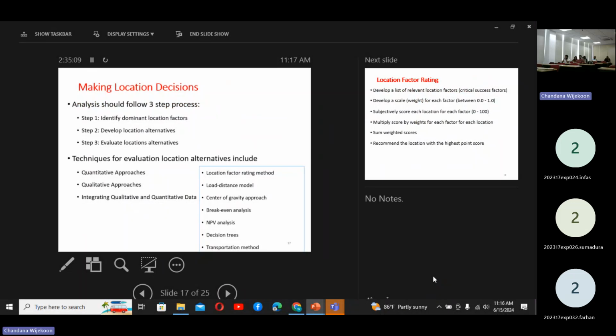So to make a better decision, we first need to identify the most relevant dominant location factors for this business. It could vary from business to business. So that's a good starting point.